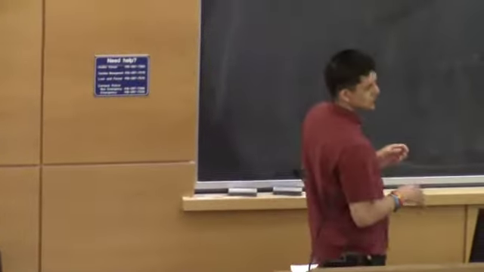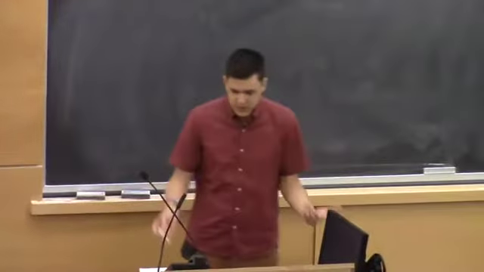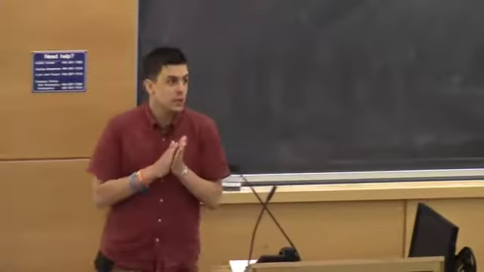Good? You've got it? Okay, so now that we've gone through this big odyssey of single variable Taylor polynomials, we want to ask, how does it work for multiple variables?